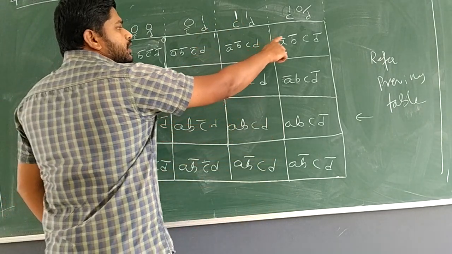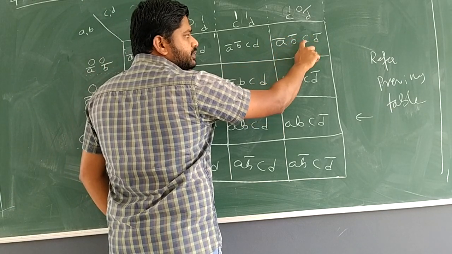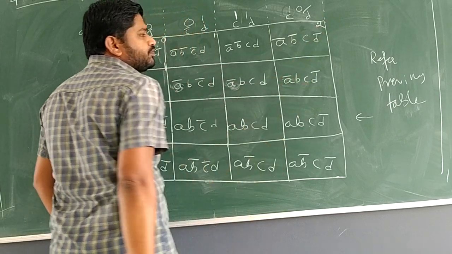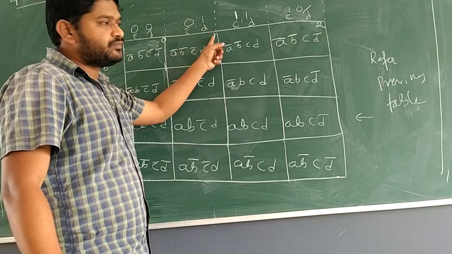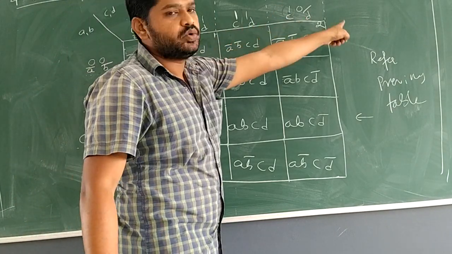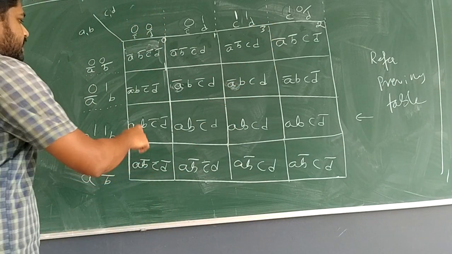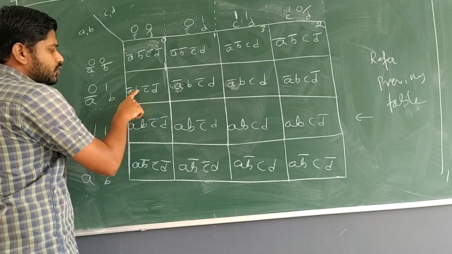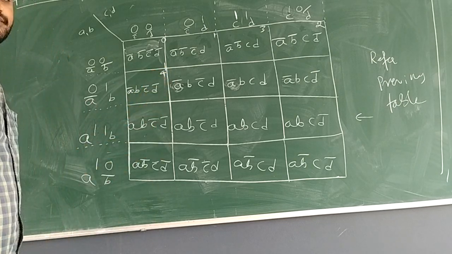Then A complement, B complement, C, D complement is 2. In your 3 variable K-map also you did 0, 1, 2, here then 3. Coming to the next, A complement B, C complement, D complement, that is 4.